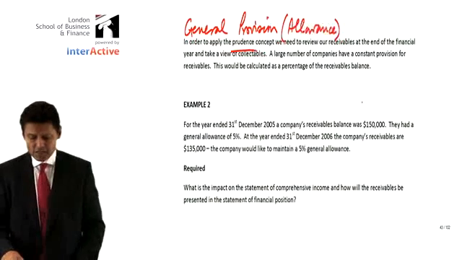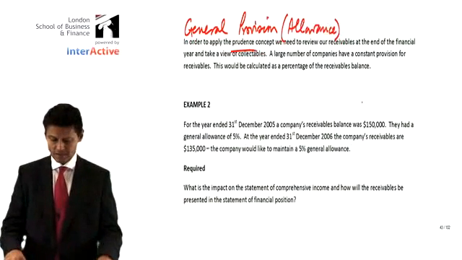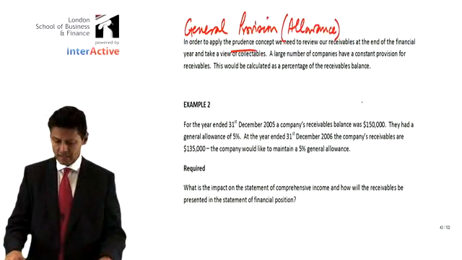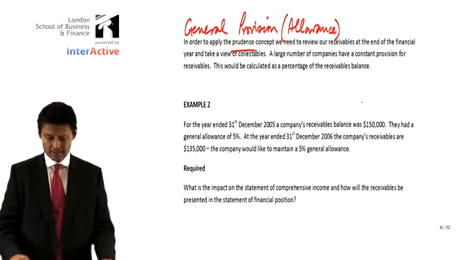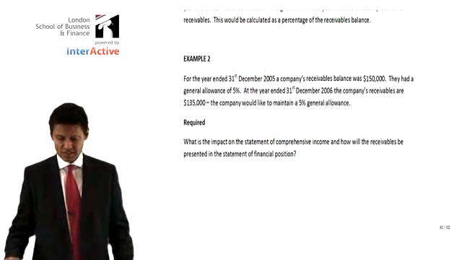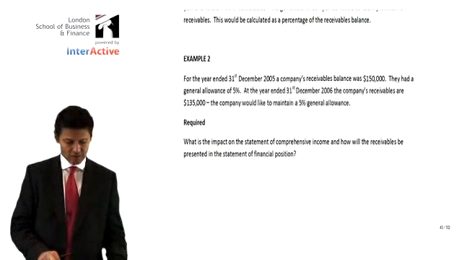Now you must understand that concept. So we say that a large number of companies have a constant provision for receivables. This would be calculated as a percentage of the receivables balance. You see? And so we have our example 2 ahead of us. For the year ended 31st of December 2005, a company's receivables balance was $150,000.